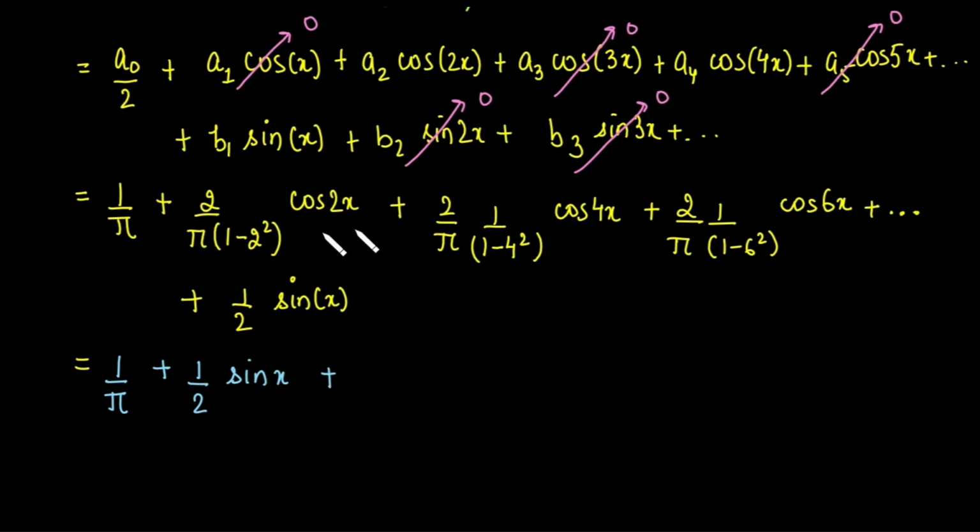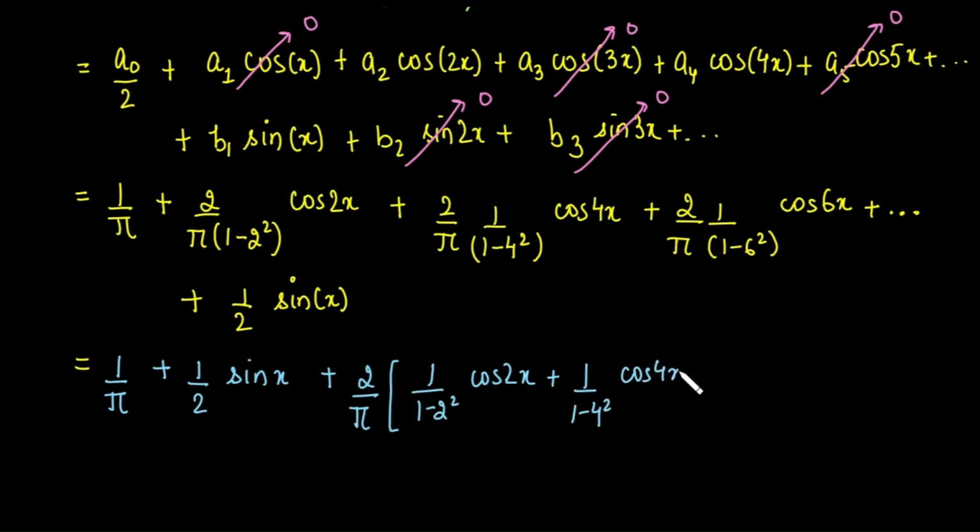From here, 2 by pi is a common term, so we can take 2 by pi outside. This is 1 upon (1 minus 2 square) cos of 2x, plus 1 upon (1 minus 4 square) cos of 4x, plus 1 upon (1 minus 6 square) cos of 6x, and so on.